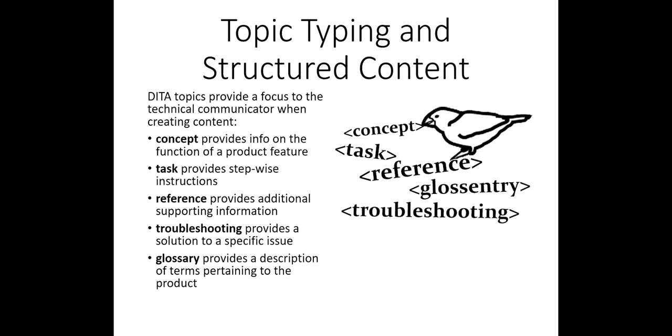And I'll just say that again, all of these provide focus to the people who are writing in these topic types. And again, the idea is that content can be reused where feasible across different product offerings, for example.